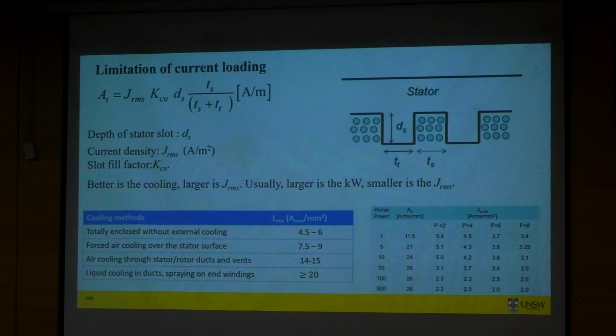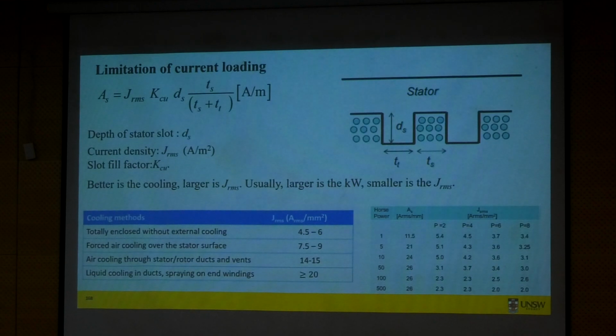And the conductor size itself comes from your current density J, right? Because when you select conductors, they are associated with a current density J value.